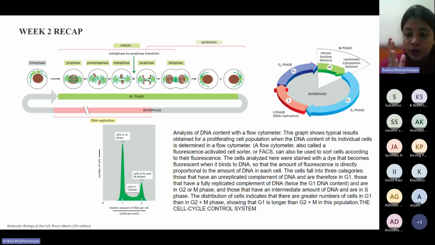So if you are asked to define interphase, it is the period of a cell's life, or a cell's cell cycle, between two successive M phases. So from one division to the next division, the duration in between these two divisions is referred to as interphase. That of course includes the S phase and also the other phases, which we'll come to eventually.